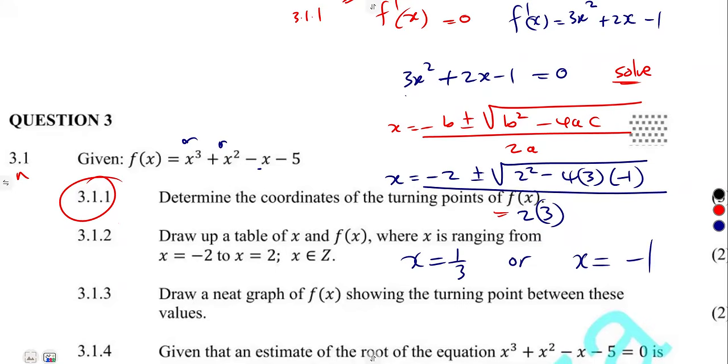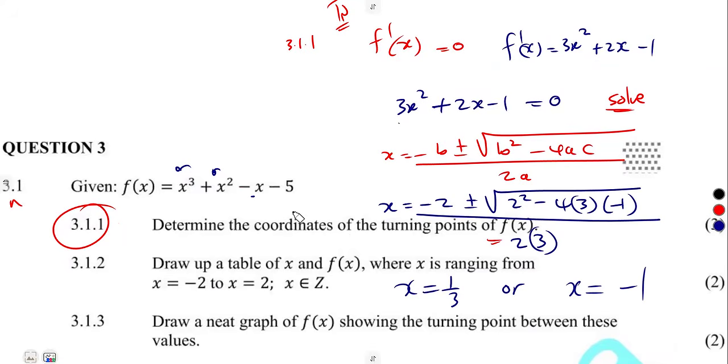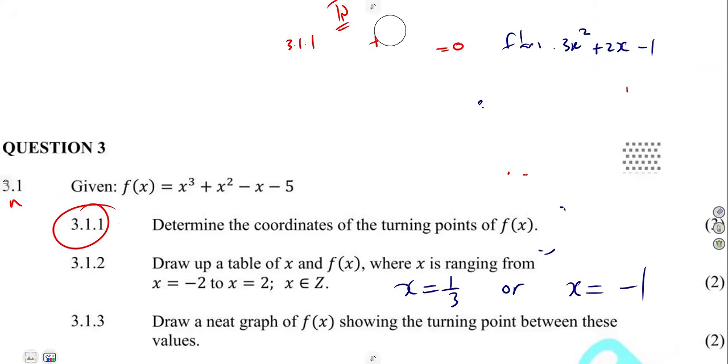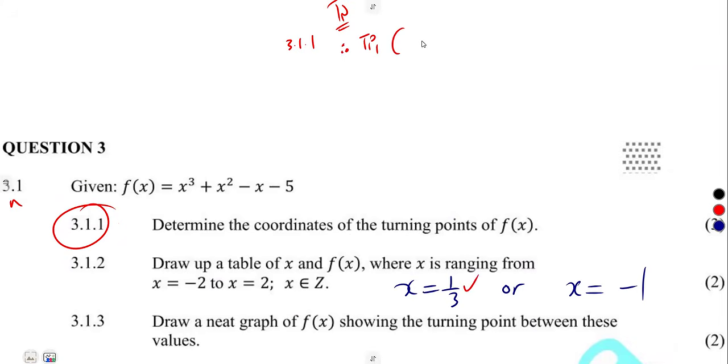Thus, for these values of x, substitute them into the original function that you are given to have the turning points. The first turning point, when x is 1 over 3, substitute 1 over 3 in place of x.